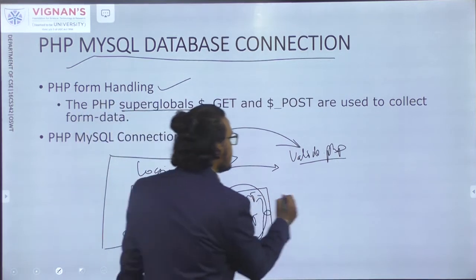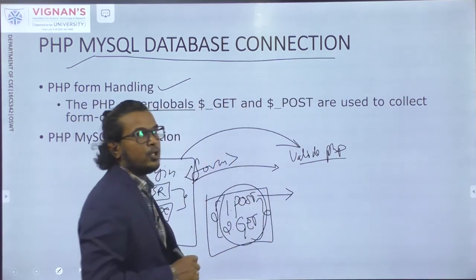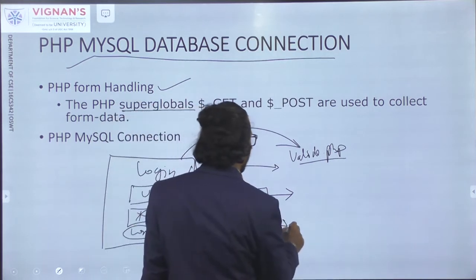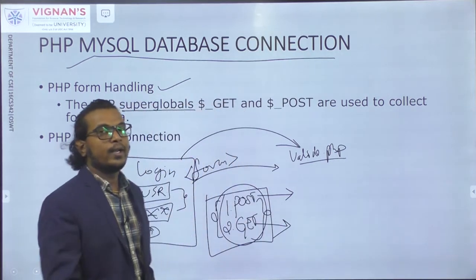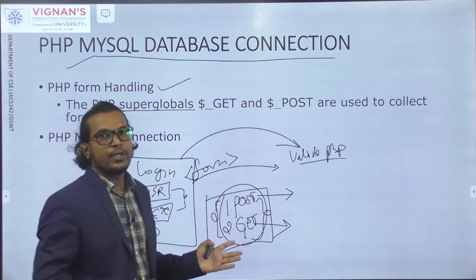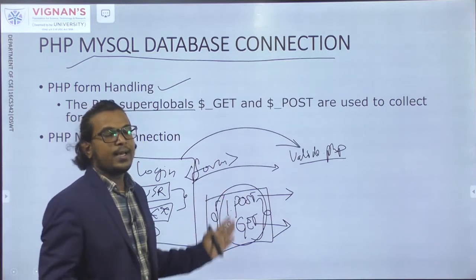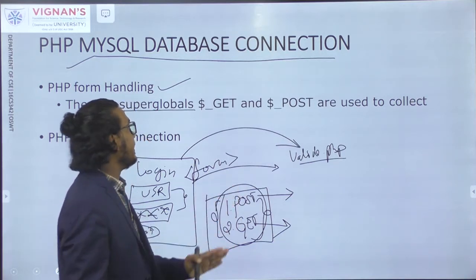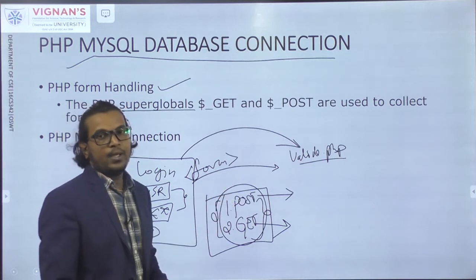Now what is the difference between the post and get methods, or post and get variables?